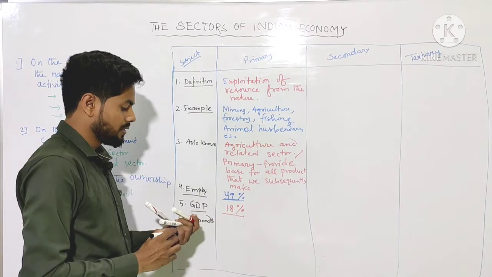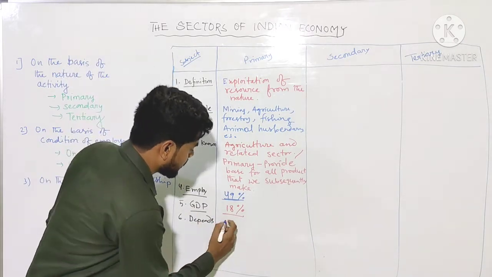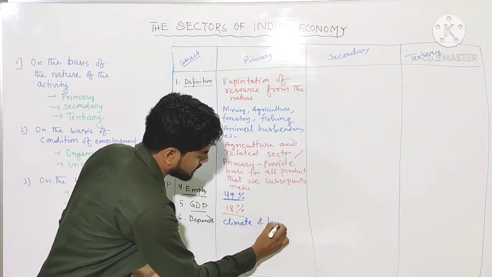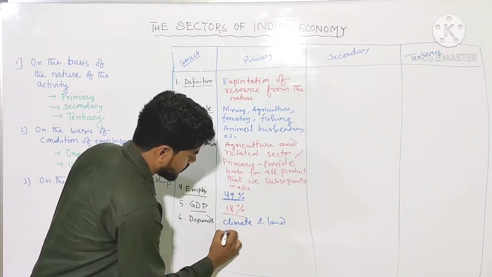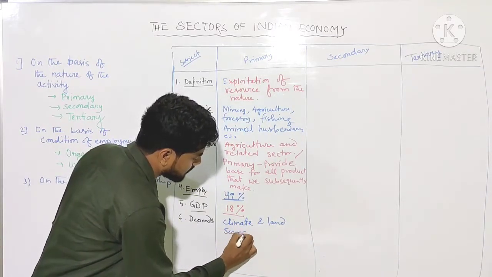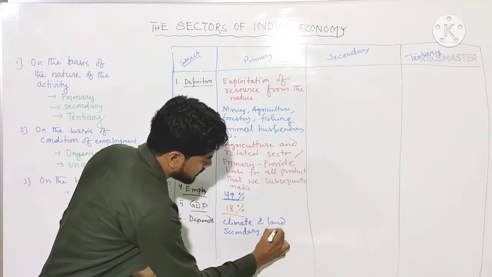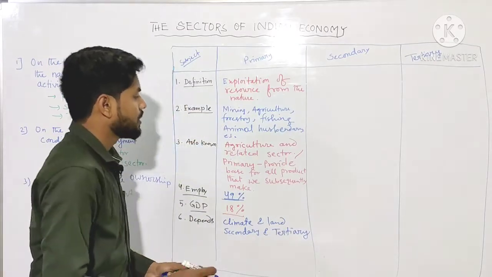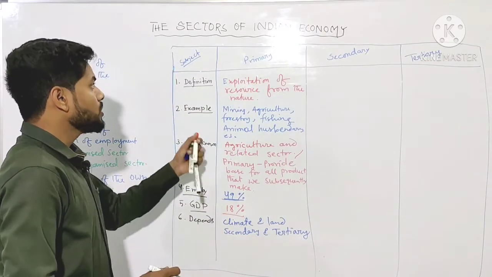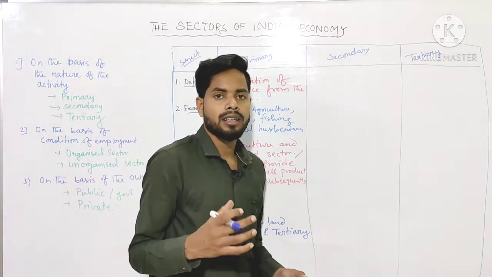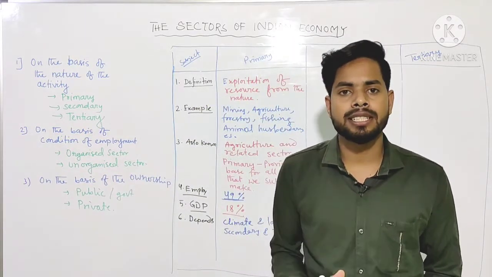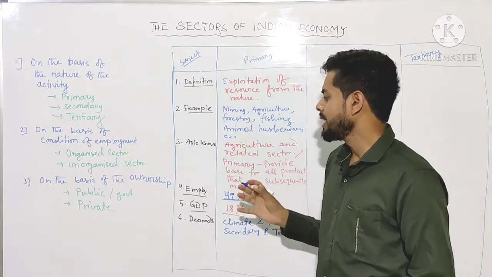It depends on climate and land, and also on the secondary and tertiary sectors. Also, primary provides raw material to the secondary sector. That means agro-based industries depend on primary activity.